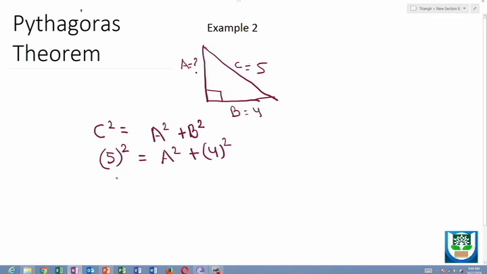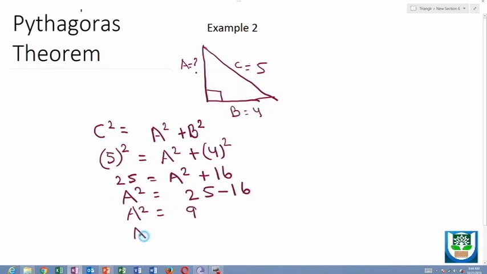Now, 5 square can be written as 25, and the right side will stand as A square plus 16, or in a similar way we can write A square is equal to 25 minus 16. That is, A square is equal to 9, or A is equal to 3.